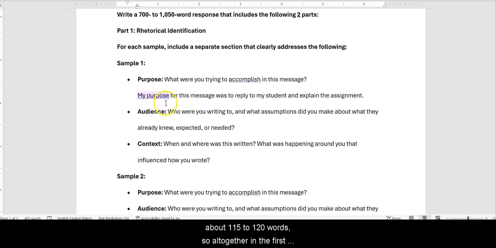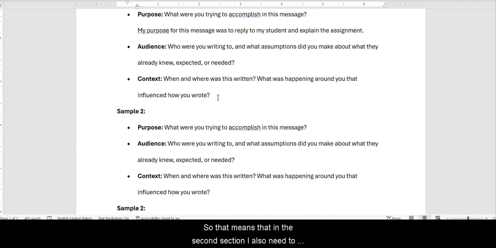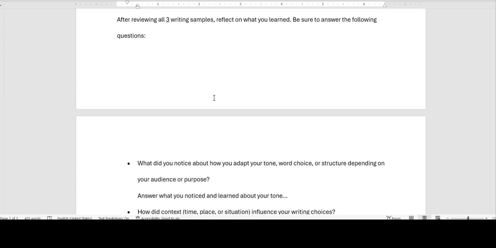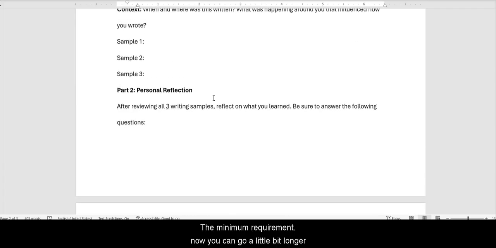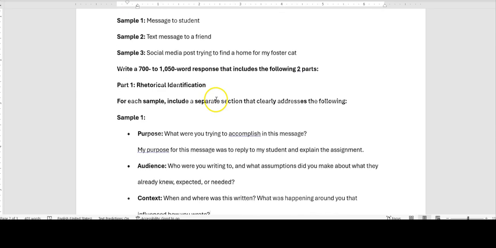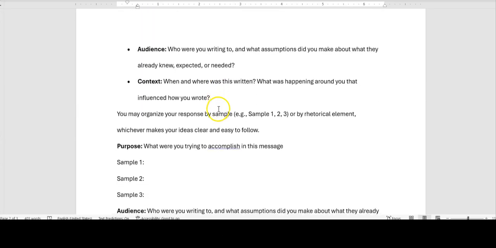So altogether in the first section, rhetorical identification, that would be about 350 words, maybe up to 400 total in this section, probably around 350. So that means that in the second section, I also need to write about 350 words to meet the minimum requirement. Now you can go a little bit longer, but you don't want to go longer than the maximum.